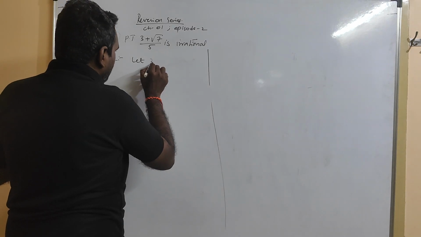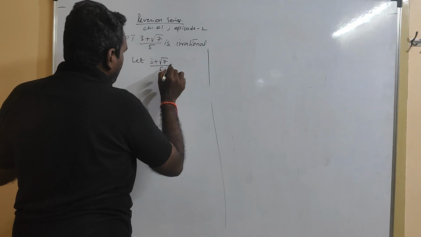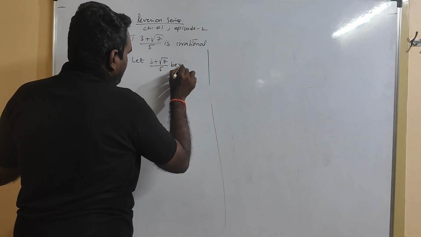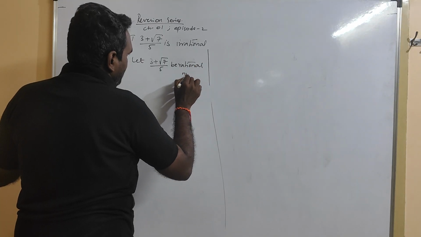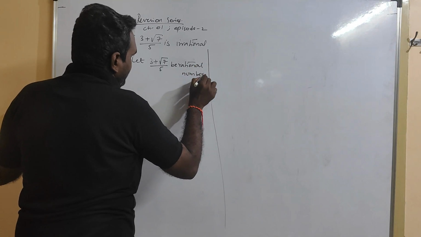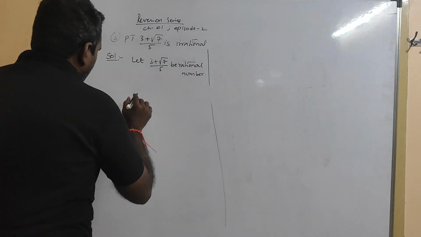Let 3 plus root 7 by 5 be a rational number.